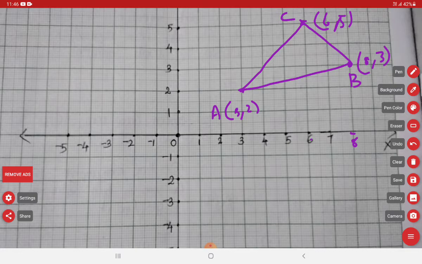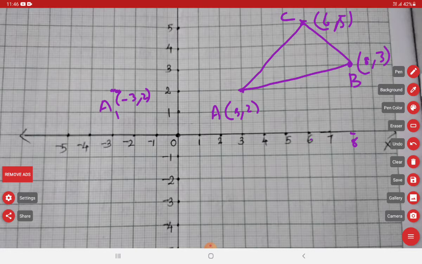It is here, this point, that is (-3, 2). We can take it as A1.